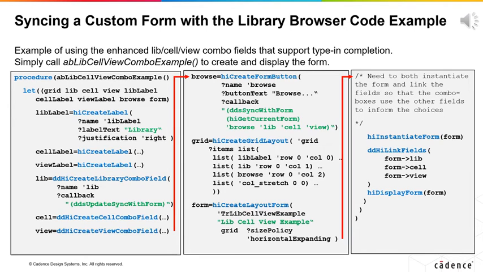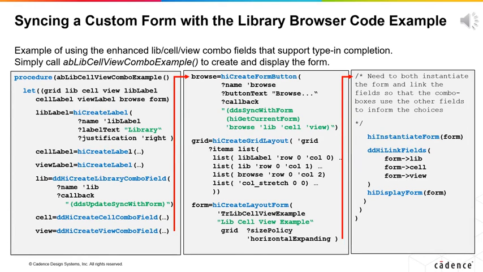And we give it a title, and then we say the layout form is type grid and the size policy is horizontal expanding. So we can stretch the form to the left or the right. And finally, we need to both instantiate the form and link the fields so that the combo boxes use the other fields to inform the choices.